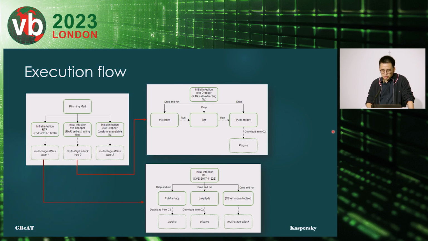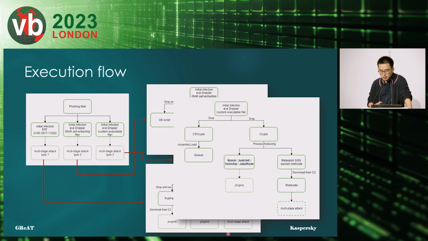We have seen many POC samples use this execution flow, but we have only seen one example that was actually used to attack users. Among them, type 3 is the most complex execution flow, and a customized dropper is used to release the CS crypta and the crypta.